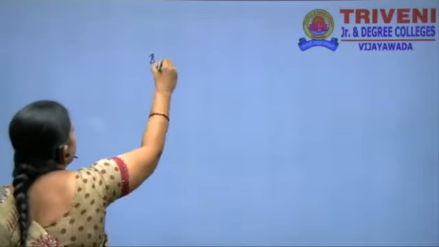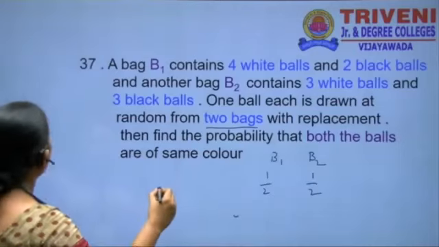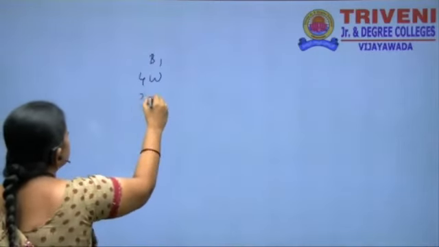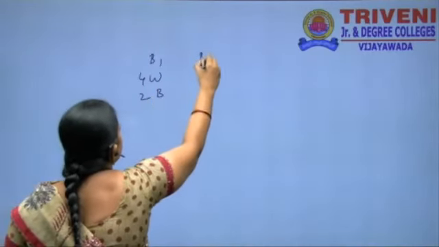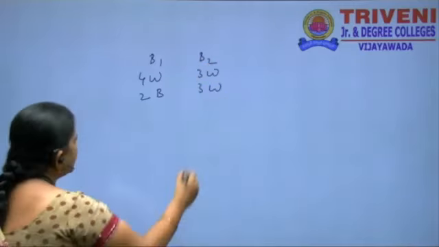B1 has 4 white and 2 black balls. B2 has 3 white and 3 black balls.